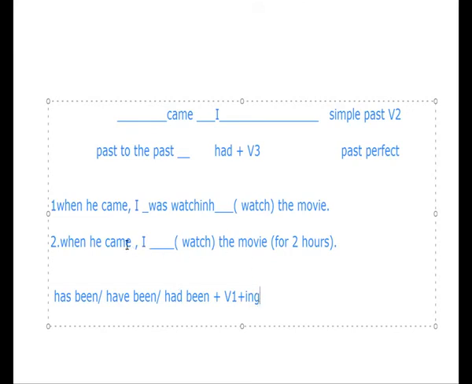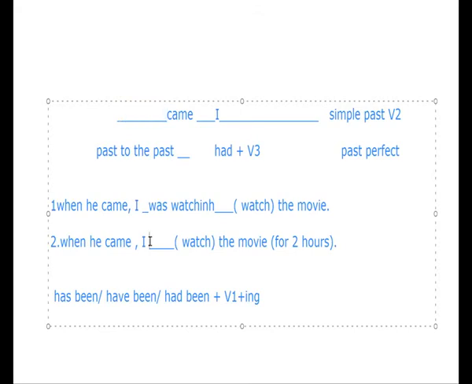Now I take this came and put it here. I know this is the permanent place for V2. Now for 2 hours. Up to this point, 2 hours completed, so obviously it started somewhere here. So from here to here, 2 hours. That's the point this fellow is saying. And you know, this area is reserved for had plus V3, but I need to mention length of the time.